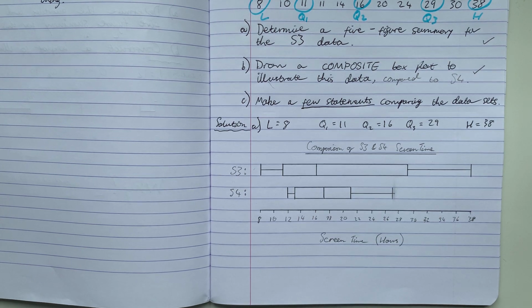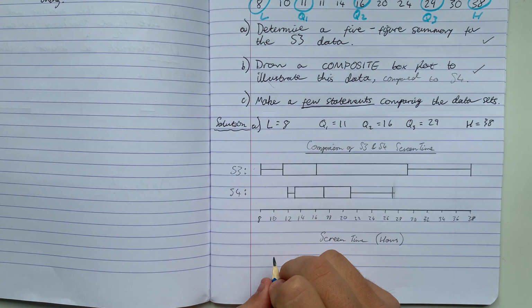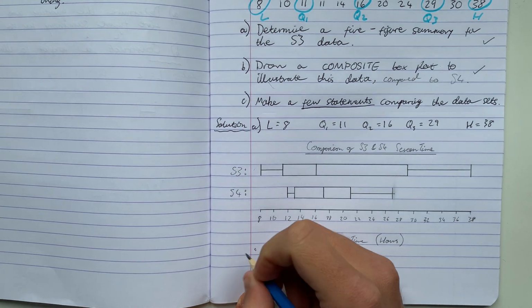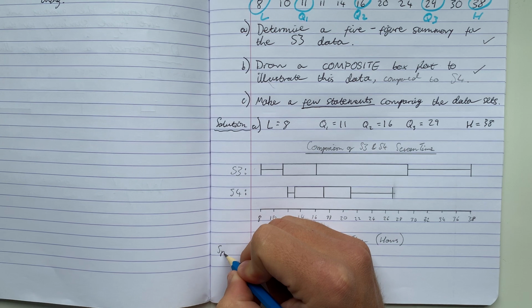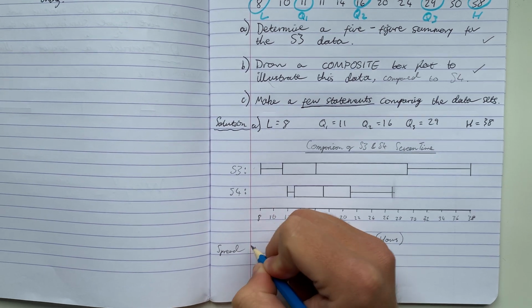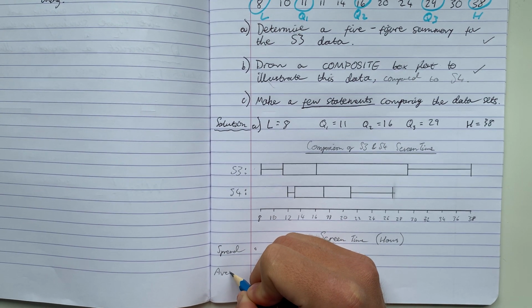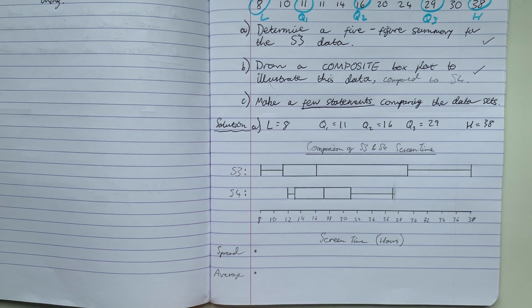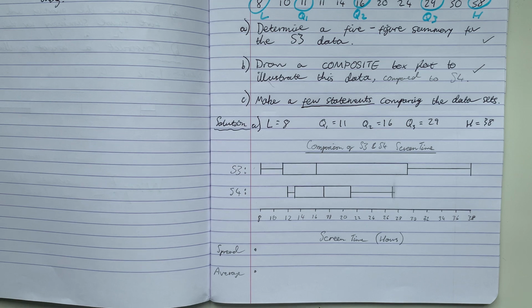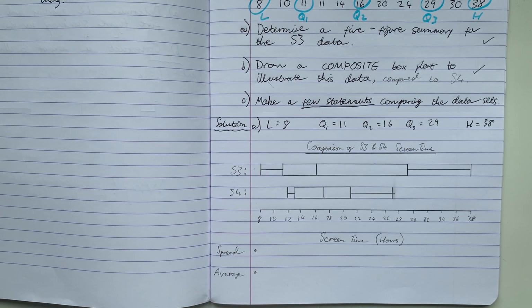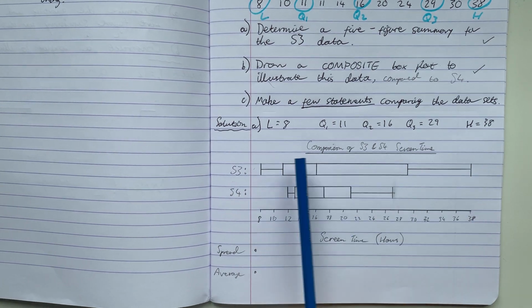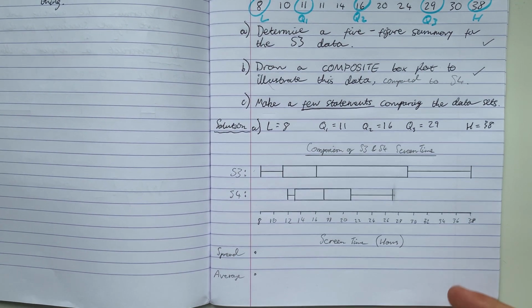So what are they? Well, when you're making comparisons in statistics, what you really want to talk about is the spread and the average. Okay, so what is the average of the data and what is the spread of the data? And you can make two clear comparisons here. Hopefully we can all see S3's box plot is much wider.